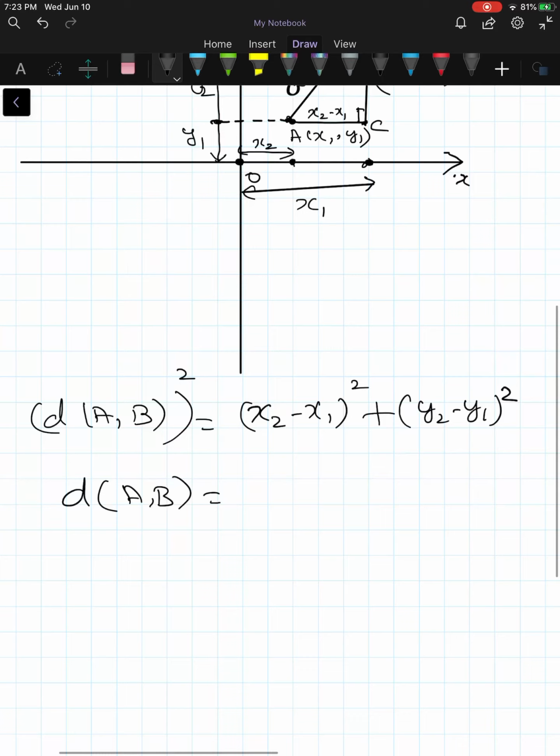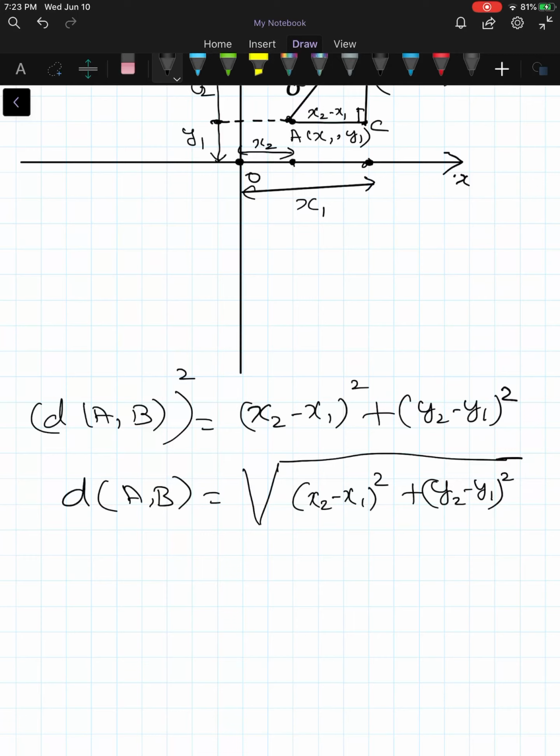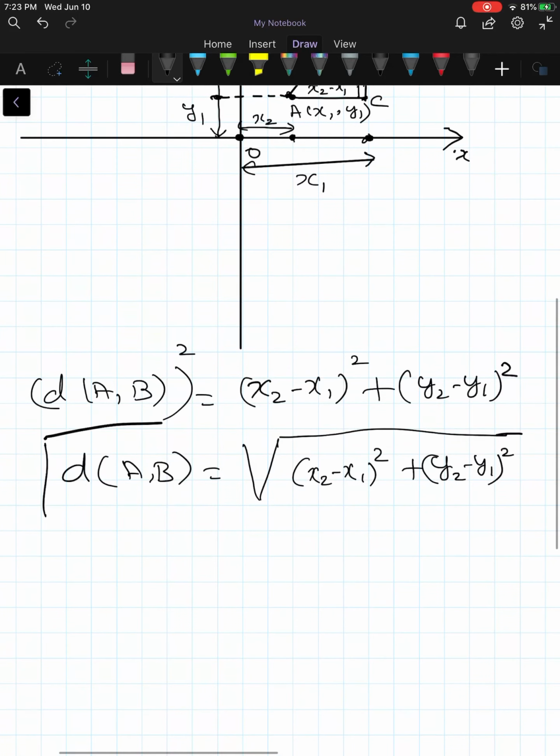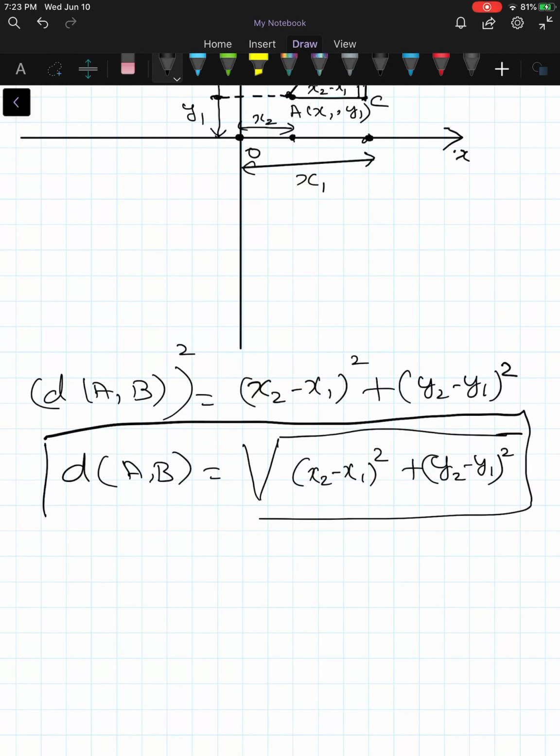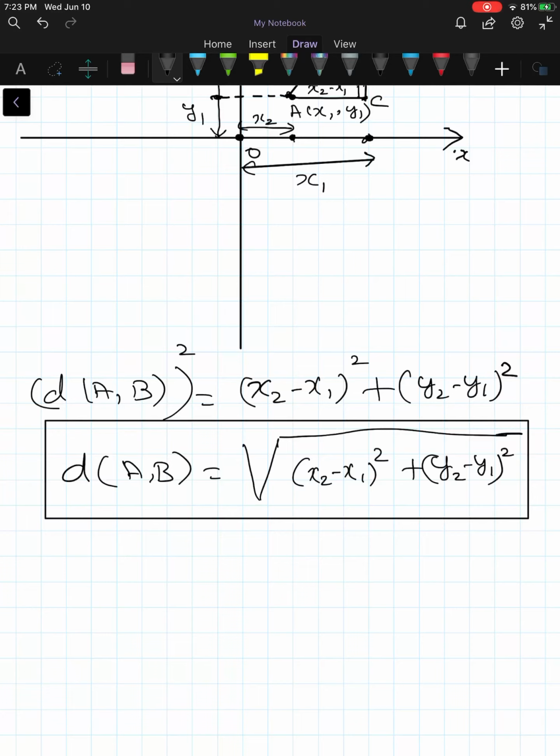That means d of a comma b is nothing but square root of x2 minus x1 the whole square plus y2 minus y1 the whole square. So this is the distance formula for two ordered pairs, that is 2 points on a coordinate plane.